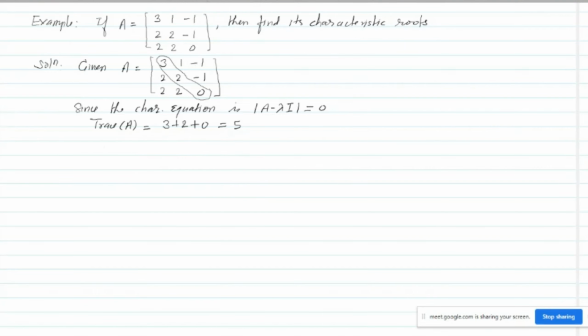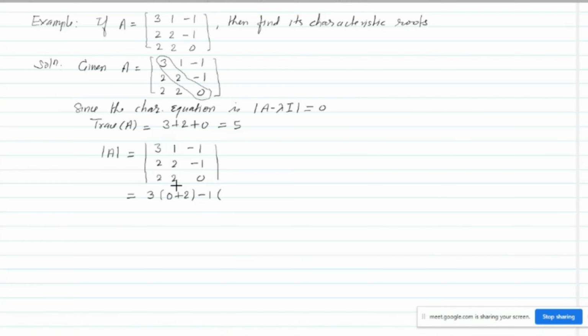Now our job is to find the determinant. Determinant of A is 3 1 minus 1, 2 2 minus 1, 2 2 0. Just find the determinant. I am writing 3 here, and we cross multiply this and this: this is 0, and in between we write the minus sign, into 2 times 2, that is 4, but there is a minus sign already there, so this becomes plus 2. Here we always put minus 1.